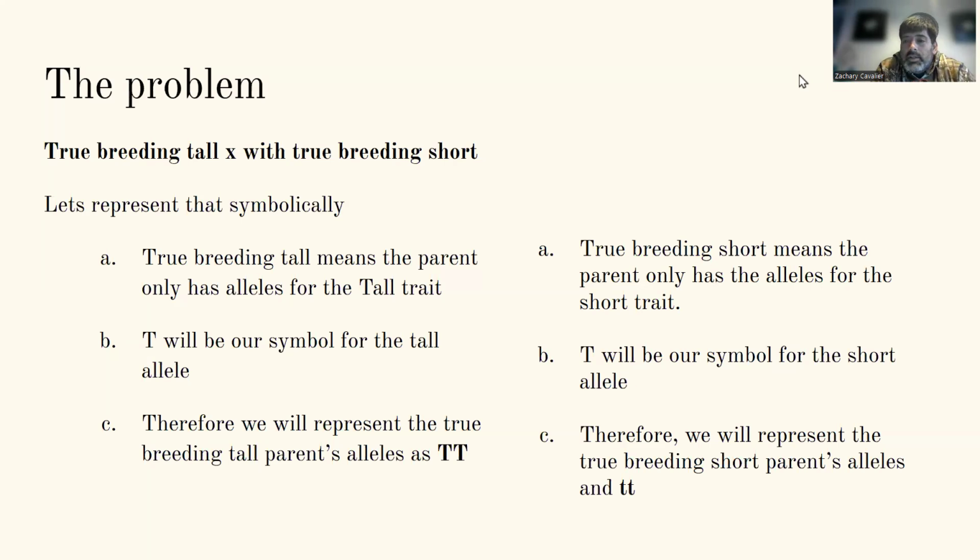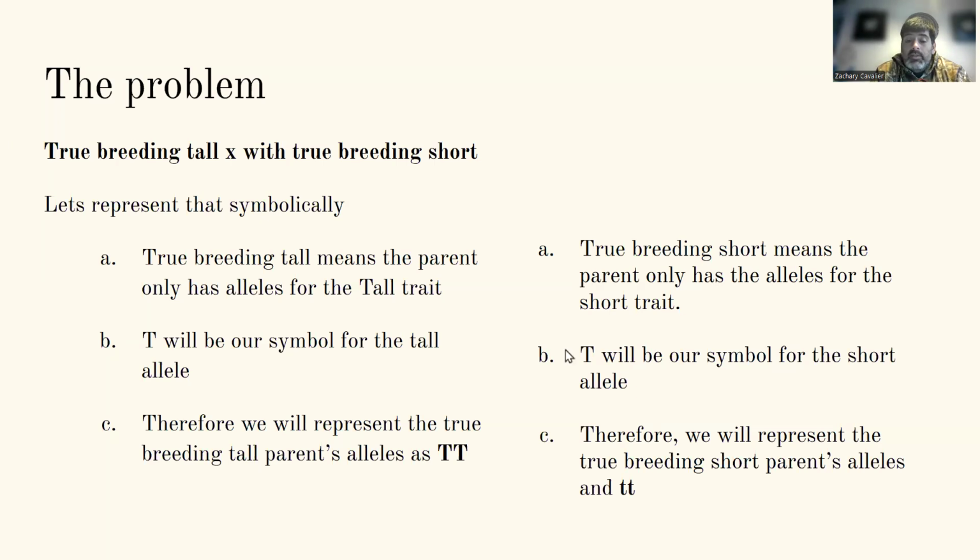So if we were to look at this today, the way we would set up our problem, we would represent the tall plant a certain way, and we would represent the short plant a certain way. In the case of the tall plant, we would say that because it's true breeding, it only has one type of allele, and that is the tall allele.